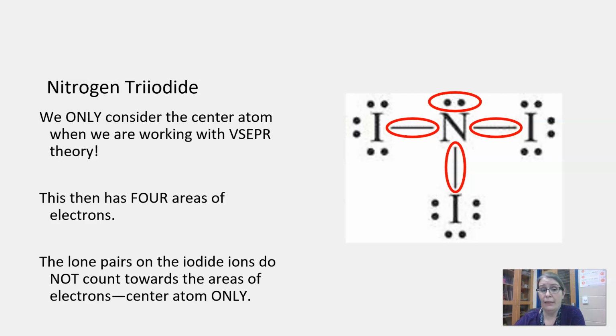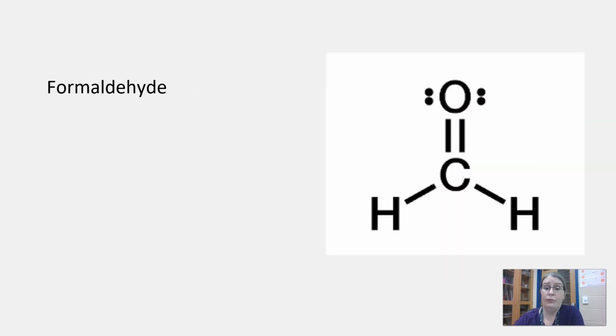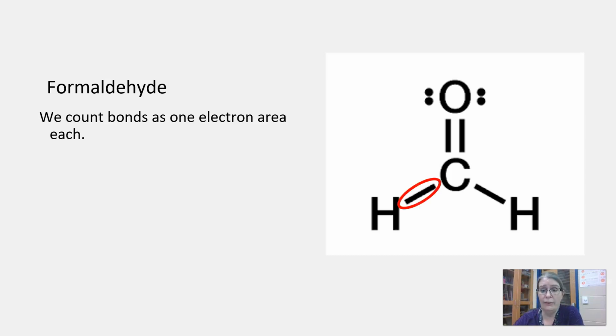Another thing that might help us remember is the example of formaldehyde, this carbon, oxygen, hydrogen compound. Remember we said we count all bonds as 1 electron area each. Single bonds don't count any less than double bonds. So this counts as 1 area of electrons around the carbon, because double bonds only count once, triple bonds only count once.